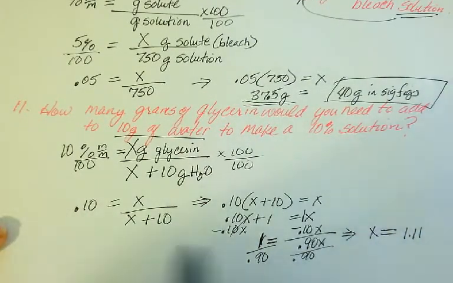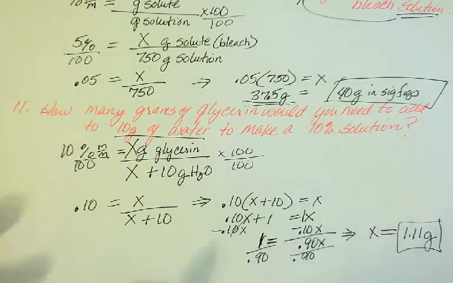Since X is the quantity of glycerin that we need, this is going to be in grams. So our final answer is 1.11 grams.